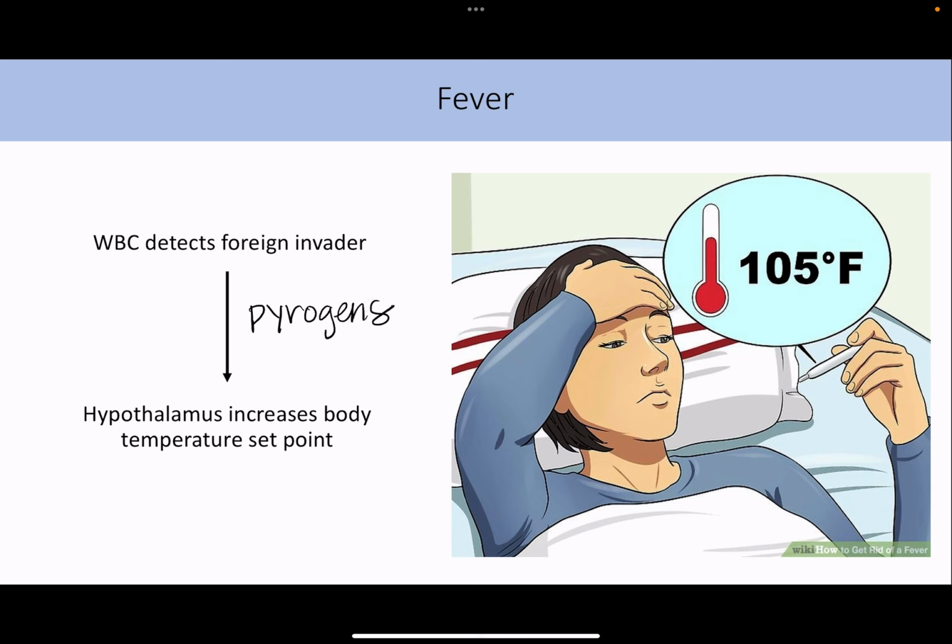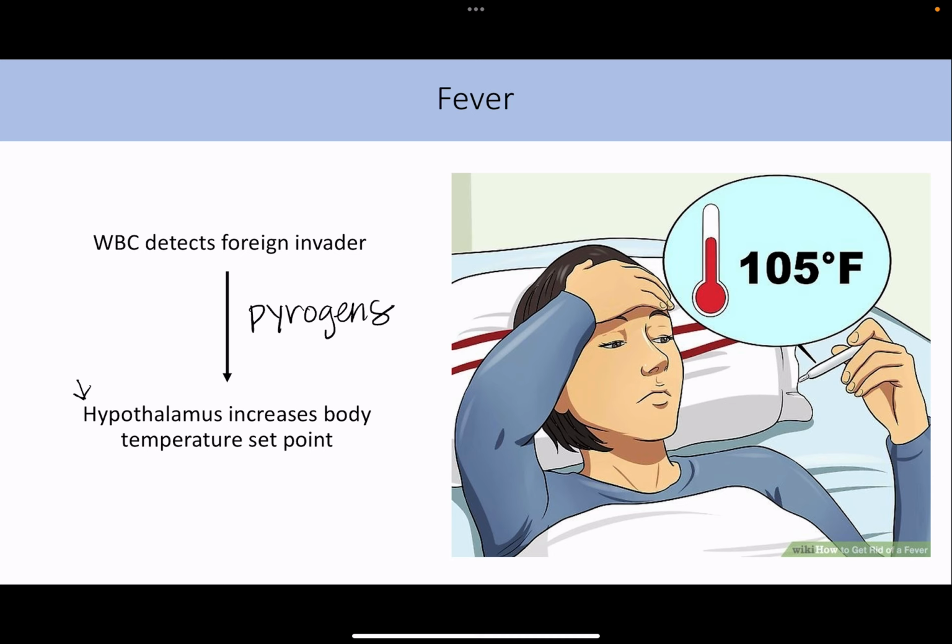Now, one of the functions of your hypothalamus, besides releasing hormones that you learned about in Bio 32, is that it also sets our core temperature. And so when white blood cells sense a foreign invader and release these pyrogens, those pyrogens eventually make their way to the hypothalamus, and then the hypothalamus increases our core temperature. It sets our thermostat a little bit higher.